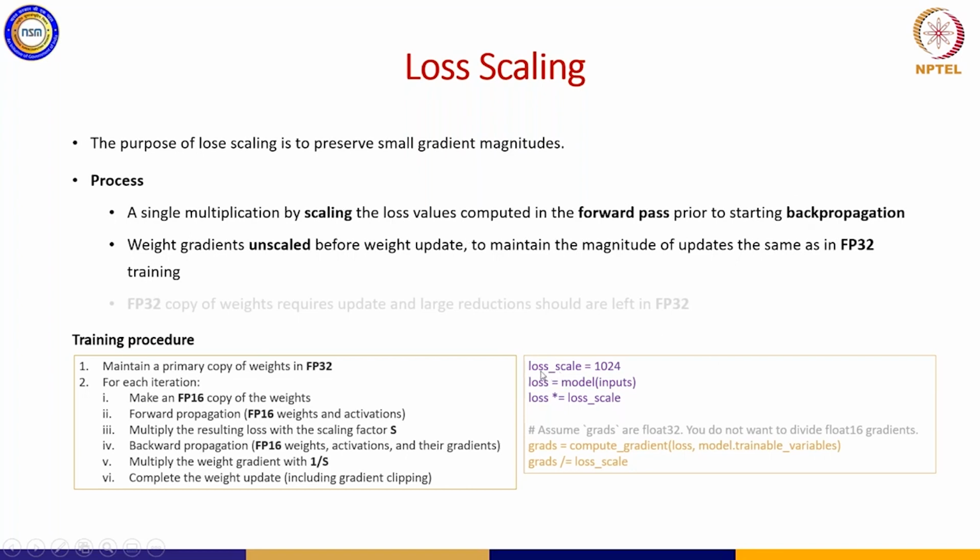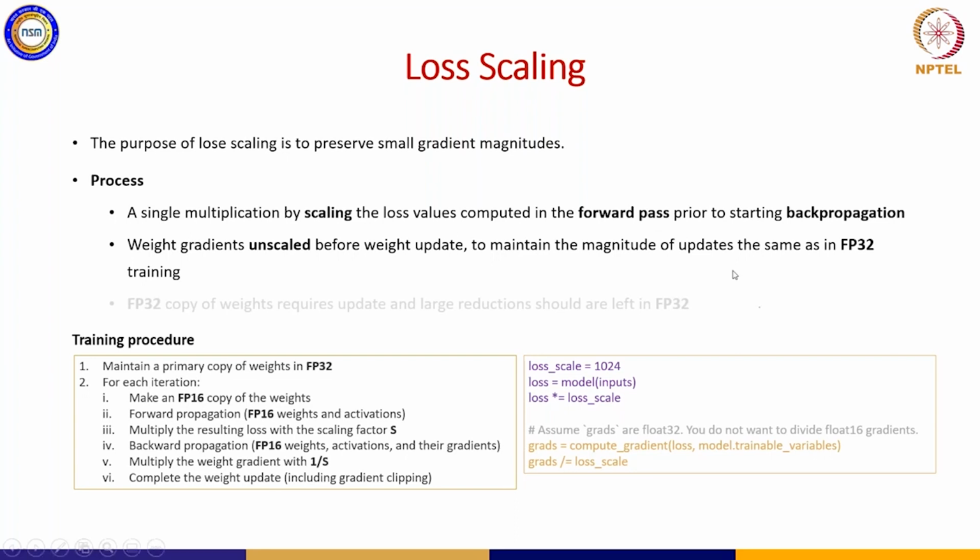For example, if I assign 1024 as my loss scale, I can compute my model here, get the loss, and then use the loss scale, which is 1024, to multiply the loss. So this is what we call scaling. This is done at the forward pass of your model when your model initially runs the first time.